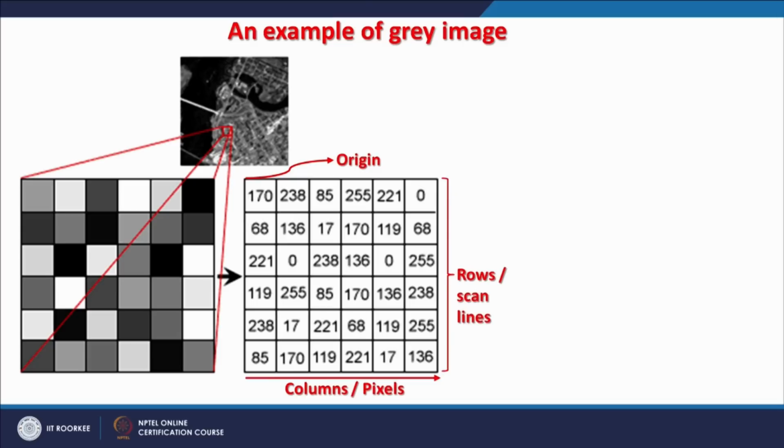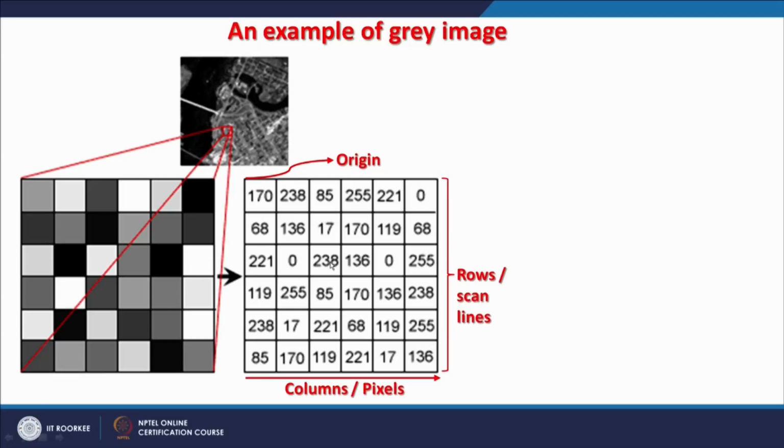The minimum value can be 0, the maximum value can be 255, and the rest of the values will fall in between. So in this image, 0 represents the black color, one extreme shade, and 255 represents white, which is the other extreme, and the rest of the values are in between.